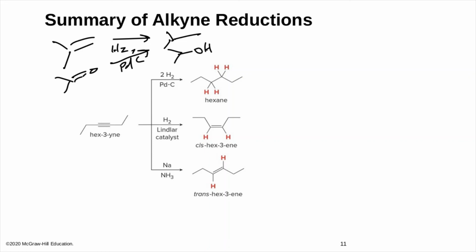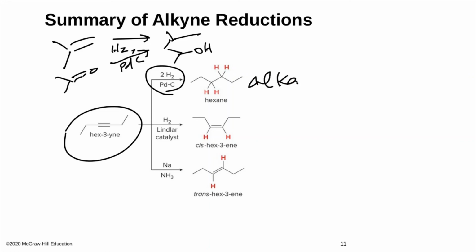So those were our first two reactions, the hydrogenation of an alkene and the hydrogenation of a carbonyl. They had H and H across the double bonds there. But then we got into alkynes, and we learned that alkynes can be reduced three different ways. They can be reduced fully with two equivalents of hydrogen on palladium on carbon, all the way down to the alkane.